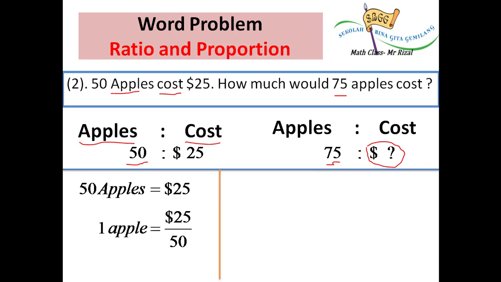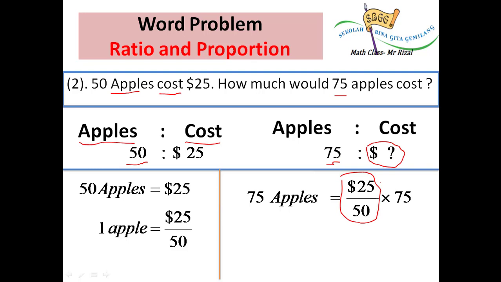Okay, if you already get 1 apple, we can get 75 apples. 75 apples is this fraction, 25 out of 50 times 75. Okay, if you divide these two, each of them is divisible by 25.